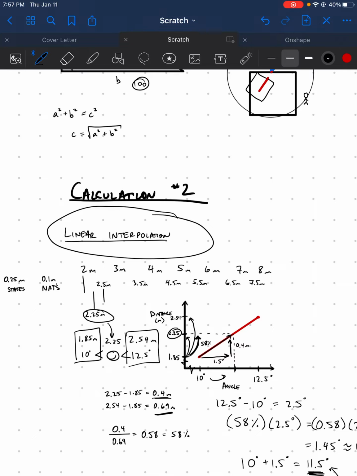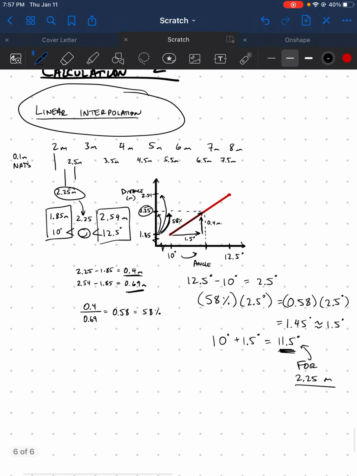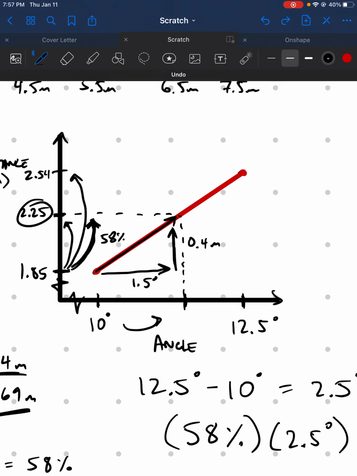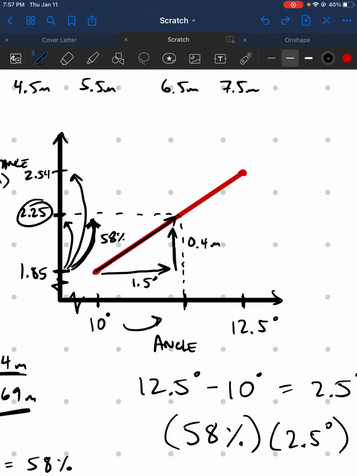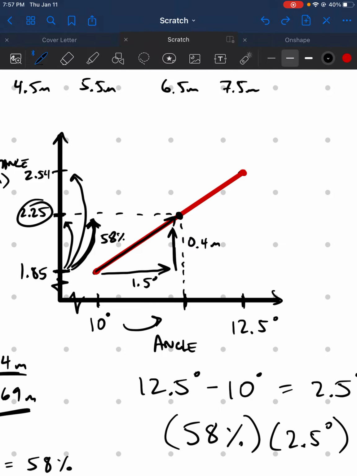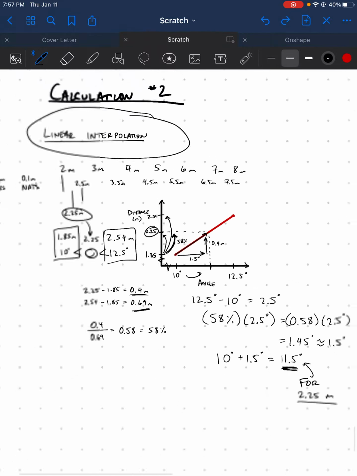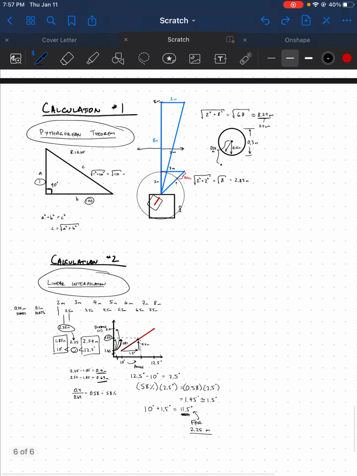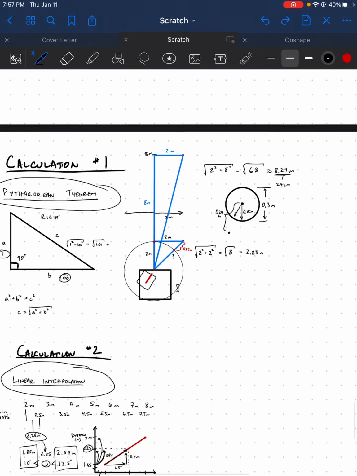It's linear because it's a line between these two points, and interpolating is finding a new point between the two points. I would write those in your calculations, just to let them know that's what you're doing. Otherwise, I think this is fairly self-explanatory.